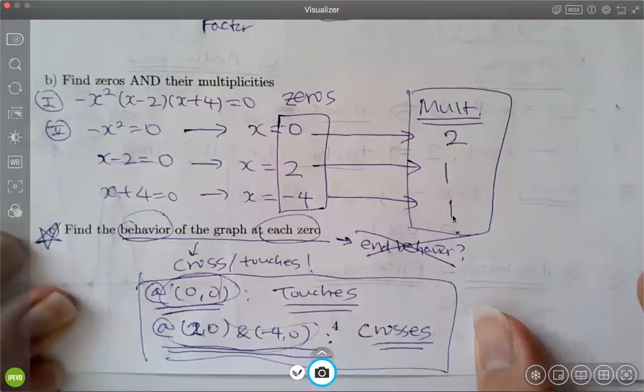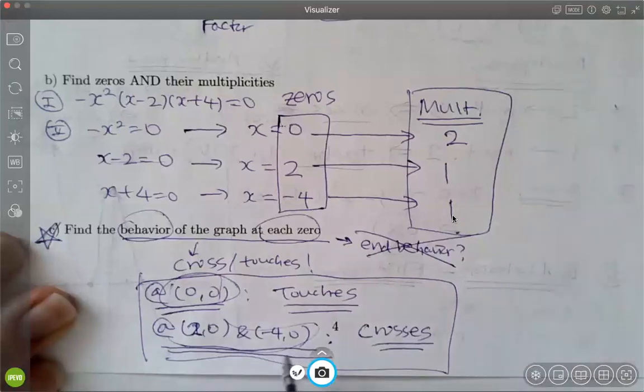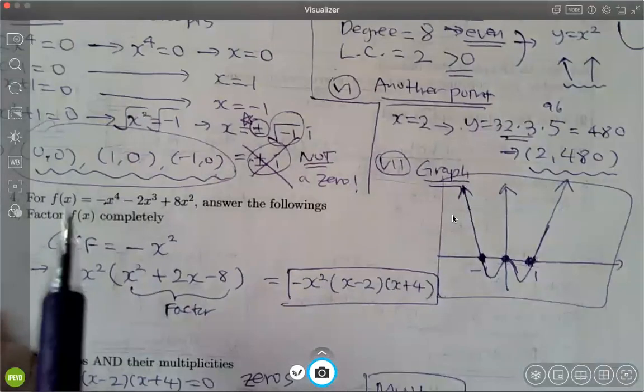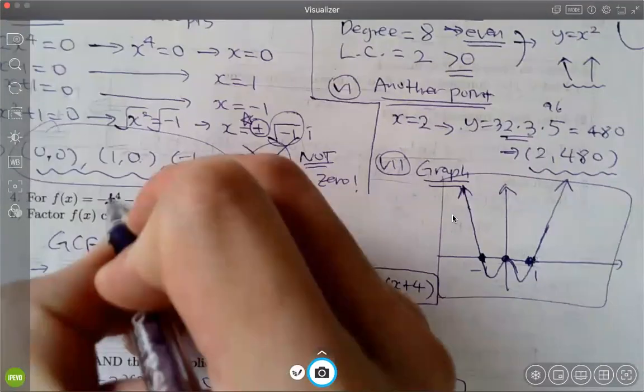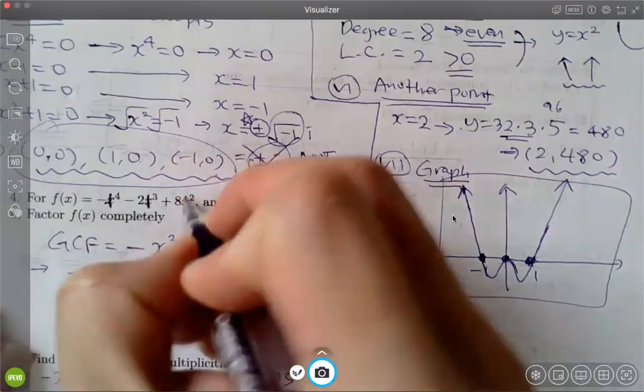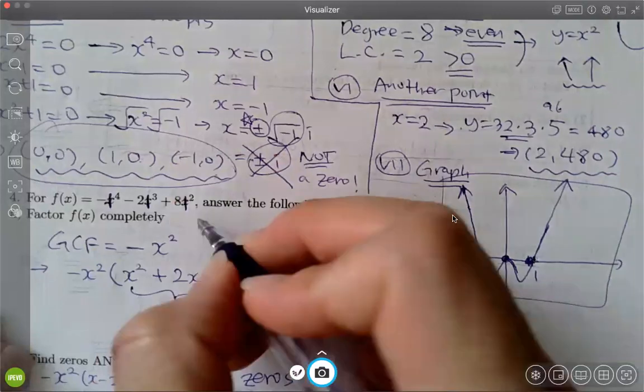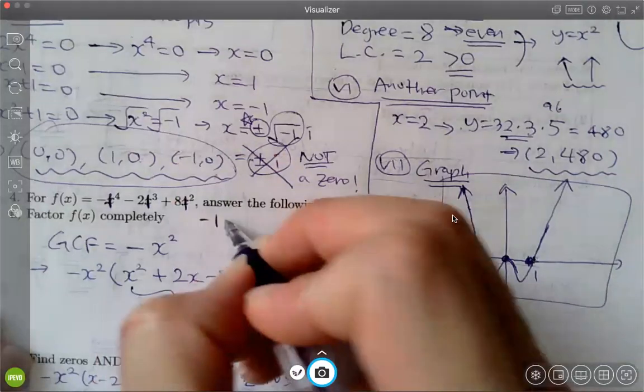We haven't used x equals 1, so we can just plug in x equals 1. When you plug in x equals 1, what do you get? It's negative 1 to the 4th minus 2 times 1 cubed plus 8 times 1 squared. And what is this? Negative 1 minus 2 plus 8.